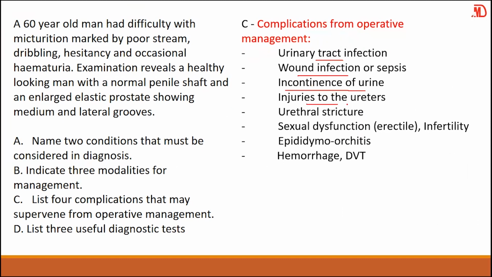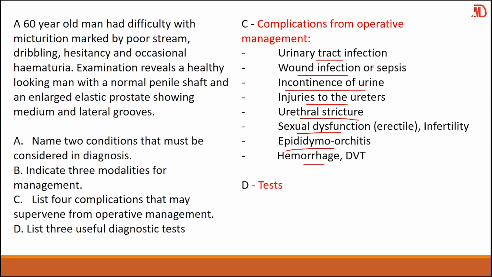We can talk about injuries to the ureter, stricture or urethral stricture. We can talk about infertility or sexual dysfunction. All of these things can be mentioned as complications resulting from operative management. So please remember these.